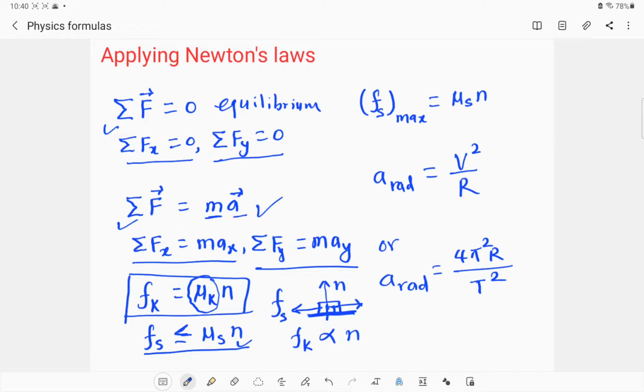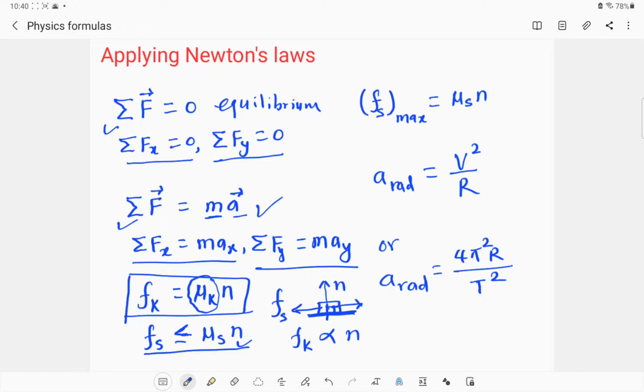It means when objects are in motion, the frictional force acting between the objects will be less in comparison to the static condition. Now let me discuss a little bit about the radial acceleration, a rad.